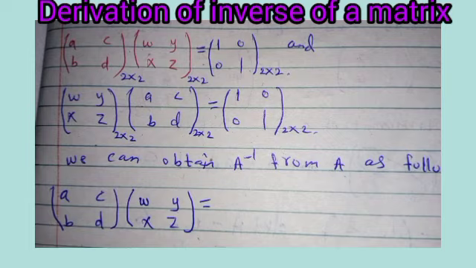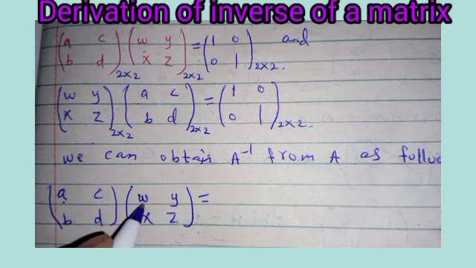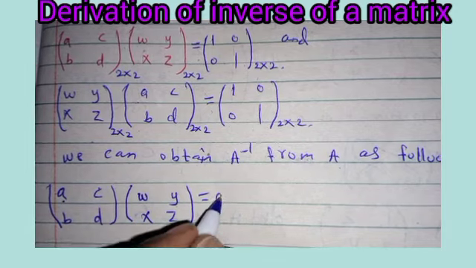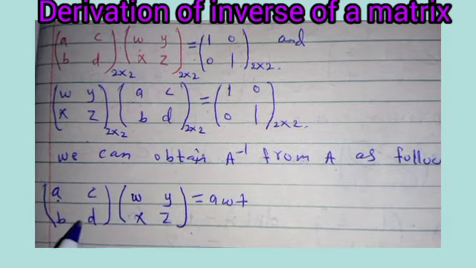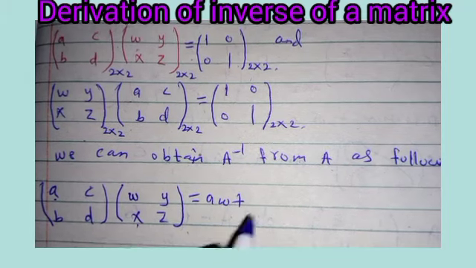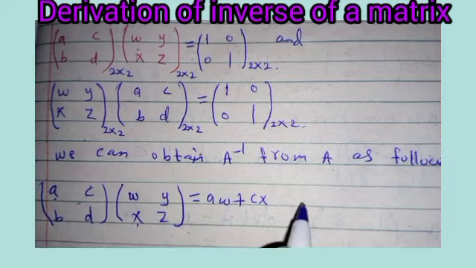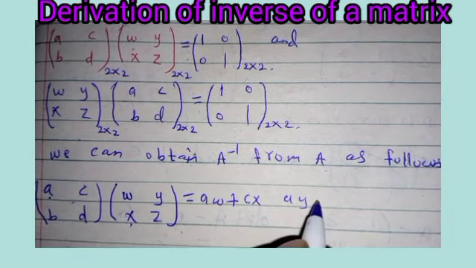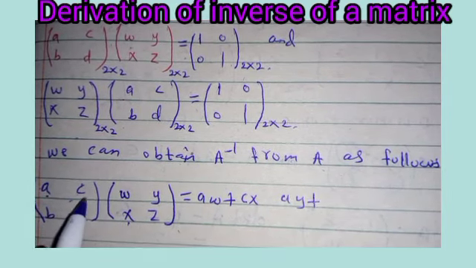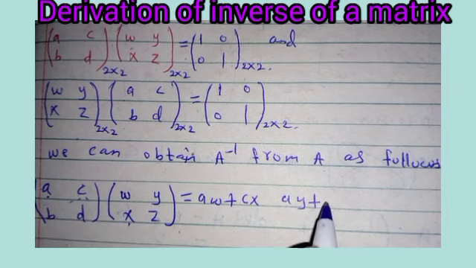When you multiply this, it is going to give you AW plus CX. The second element will be AY plus CZ.